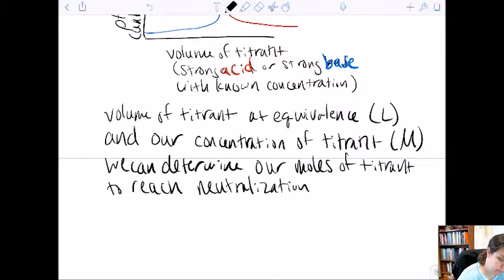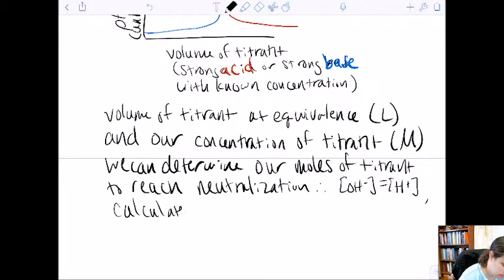So, therefore, since OH minus equals H plus, we can also calculate the moles of our analyte.